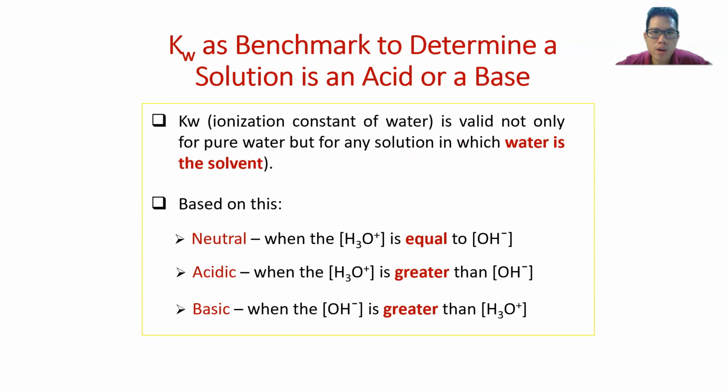So how does this translate to acid or base? We use this Kw as a benchmark to determine whether a solution is acid or base. When the hydrogen ion concentration is equal to the OH concentration, it is what we call neutral. If the hydrogen ion is greater than the OH, it is acidic.